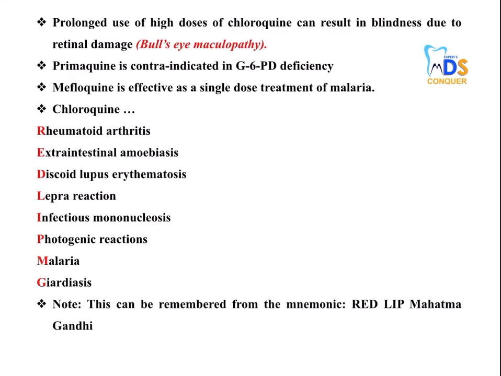Besides that, chloroquine, or more precisely hydroxychloroquine, is also being tried in patients with COVID-19. Though it is an anti-malarial, it has its own effects, which is why it is being used in hospitalized patients suffering from COVID-19. So you can add this as one of the uses of hydroxychloroquine.